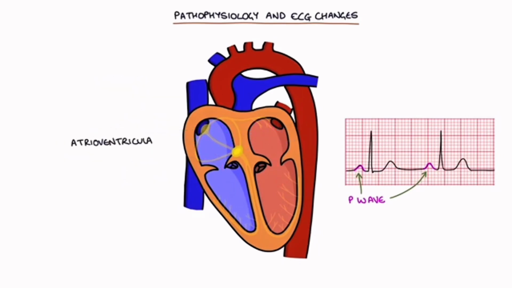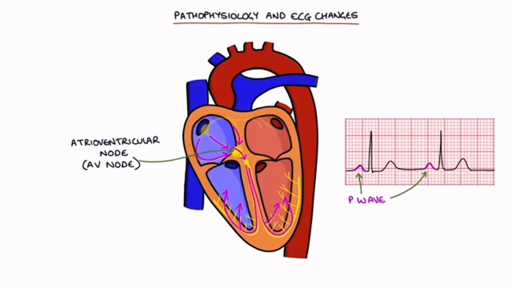The atrioventricular node, or the AV node, is the pathway between the atria and the ventricles. The electrical signal travels through the AV node from the atria down to the ventricles and causes the ventricles to contract.